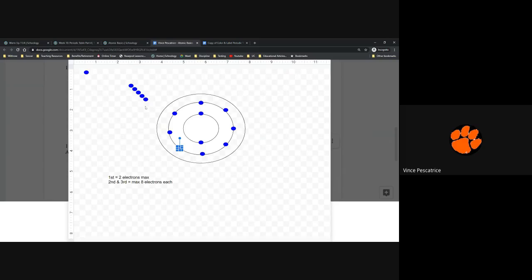All right, so then what that does, that leaves me a total of 6 electrons that are left. And they go on the outside ring because they're the valence electrons. And if you're catching on here, if you look on the periodic table, sulfur is in the 16th group. So that'll tell you it has 6 valence electrons.